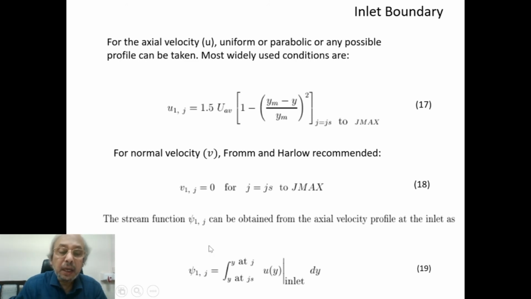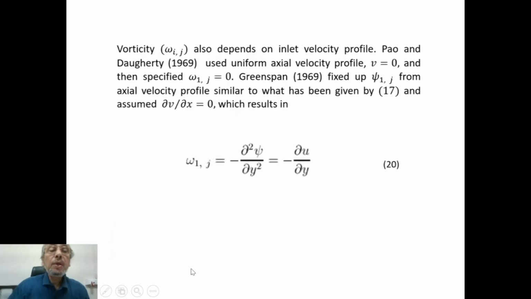And this inflow plane is defined by psi 1,j, with I fixed at 1, and different j values obtainable from this integration, j equal to js to any specified j, and this is given by equation 19.